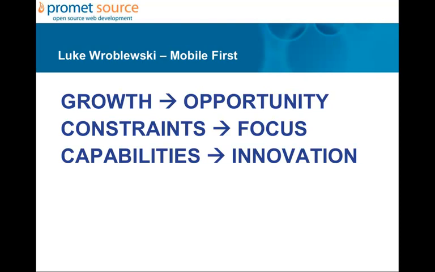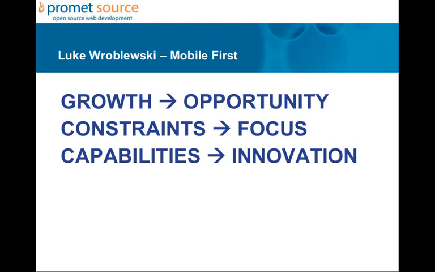Constraints help you focus, and that sometimes is a really hard process, right? Because you have a lot of stakeholders that want that bell or that whistle. It may be hard, but ultimately, because you have those constraints and you're focusing on what you're trying to do with your mobile website, you're creating value for your users, and capabilities lead to innovation.